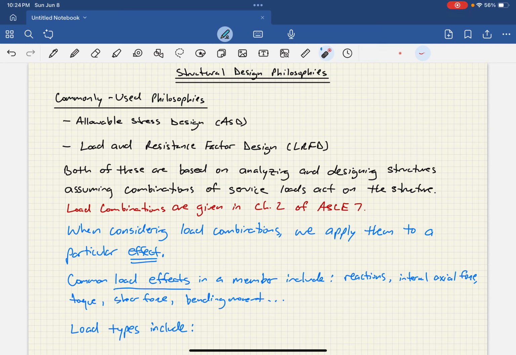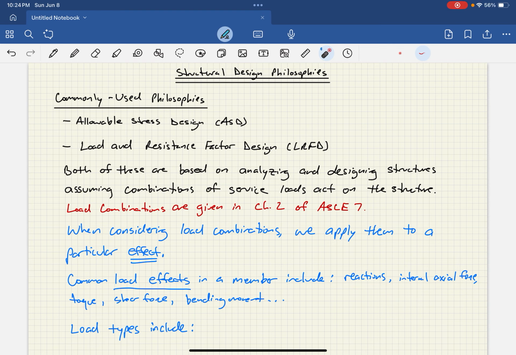And I'm going to then apply different combinations of the service loads that are acting on my beam, and then I'm going to combine them together strategically to find what is the worst case Ay based on these combinations of loads that, again, are given in Chapter 2 of ASCE 7. Okay, so if you have your ASCE 7, go ahead and open it up and follow along with me because we're going to start moving into it a little bit, okay? So these are load effects, all right? Reactions, axial force, torque, shear, bending, for example, okay?